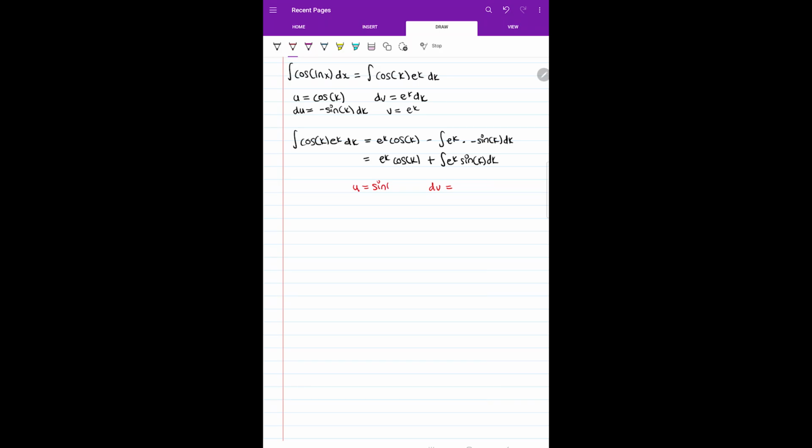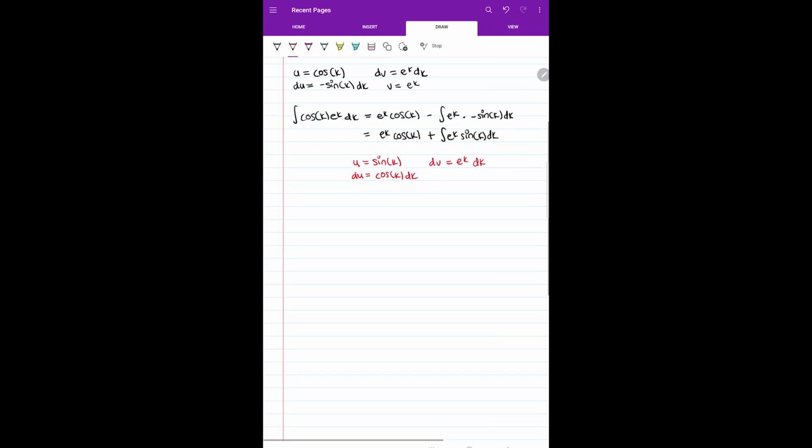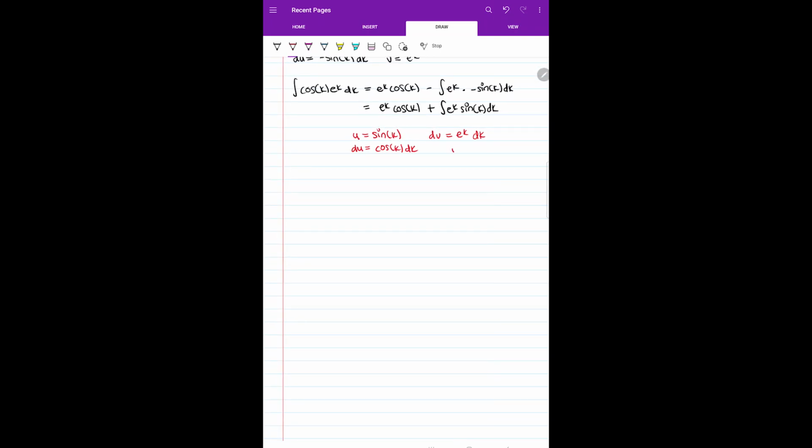It has to be corresponding for this to work. So since we picked dv to be e to the k, that means we pick dv to be e to the k again. Okay, that's perfect. So that means du is going to be cosine k dk, and that also means that v is still going to be e to the k.